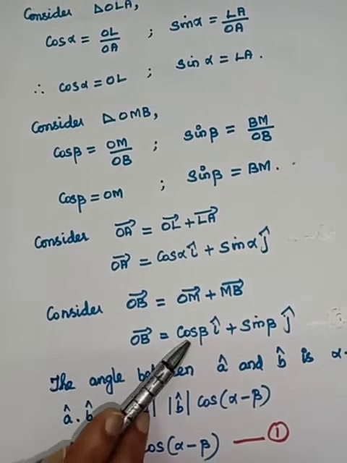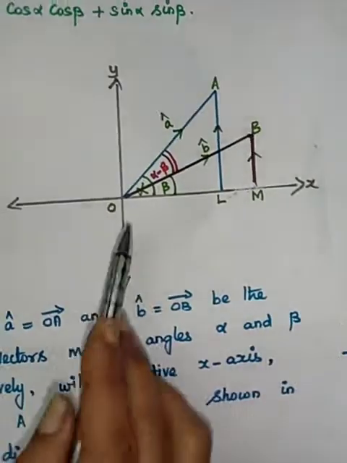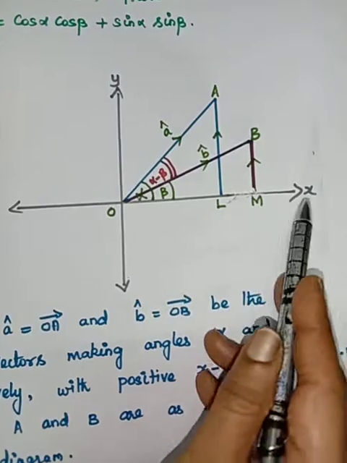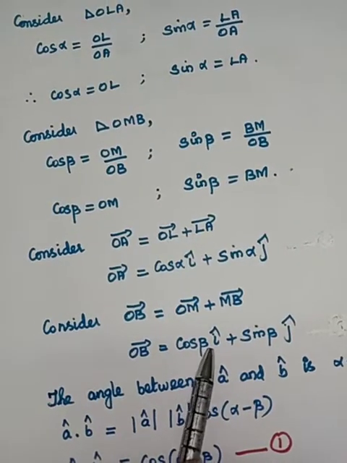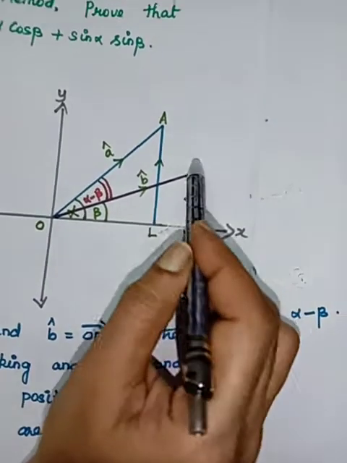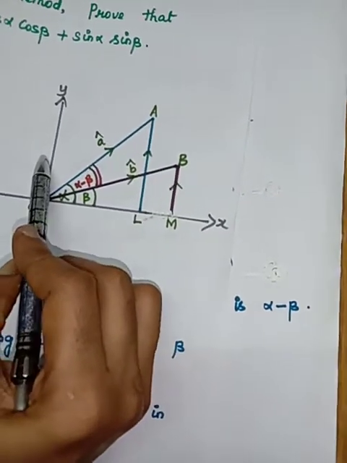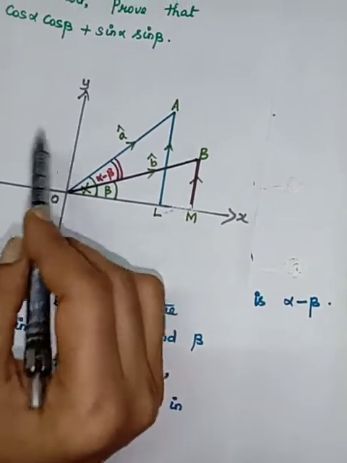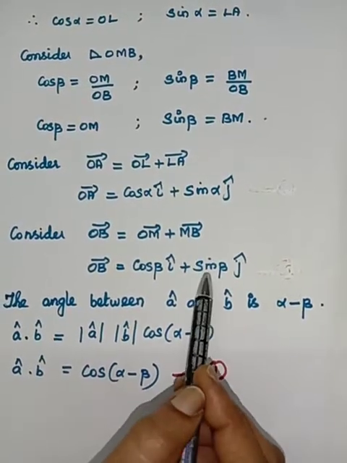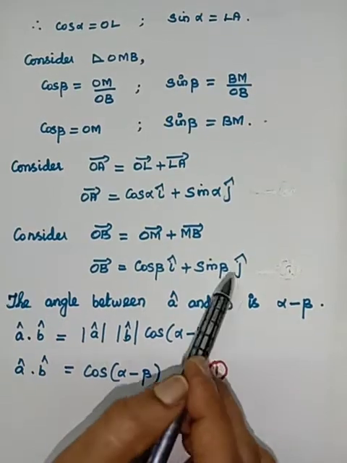It is cos beta. OM is on the x-axis, so I cap is the unit vector acting along x-axis. So cos beta into I cap. Come to the MB vector. MB vector is also parallel to y-axis, and J vector is the unit vector acting along y-axis. So it is sin beta J cap.